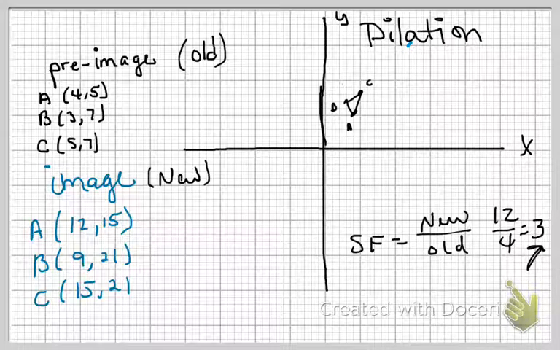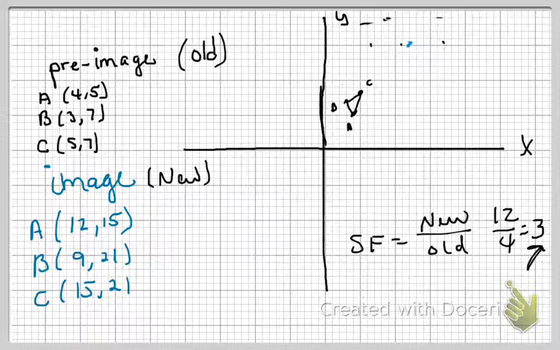I'm making sure I got 5, 10, 12, 5, 10, 15. I'm going to go ahead and erase this dilation thing just so we can see this a little better. Alright, there you go. So hopefully this will help.